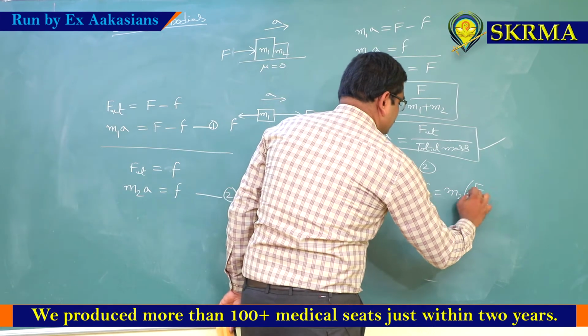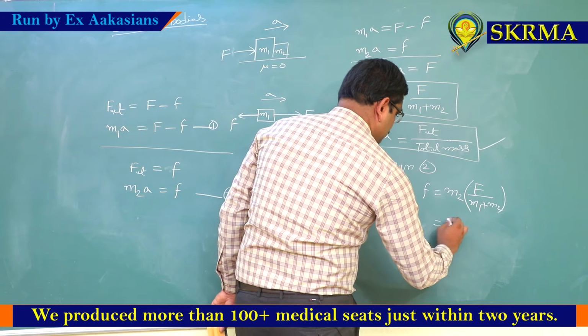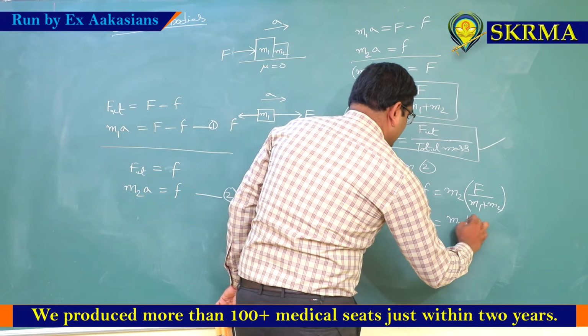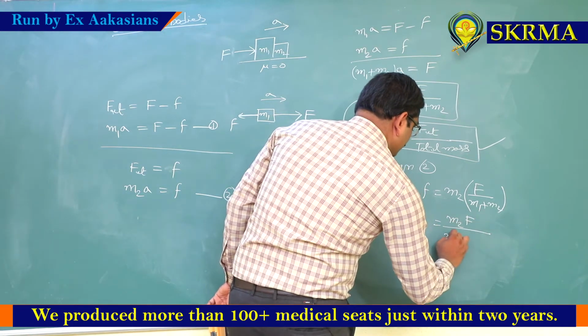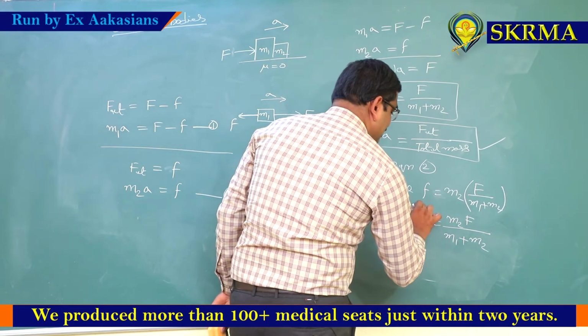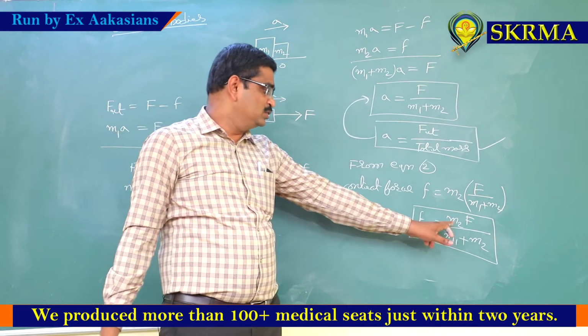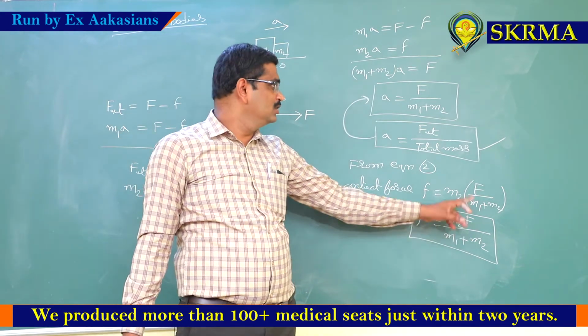F by M1 plus M2. So M2 into F by M1 plus M2. This is the value of contact force.